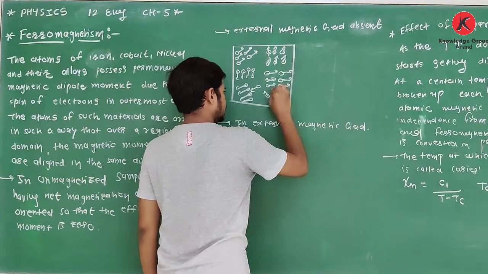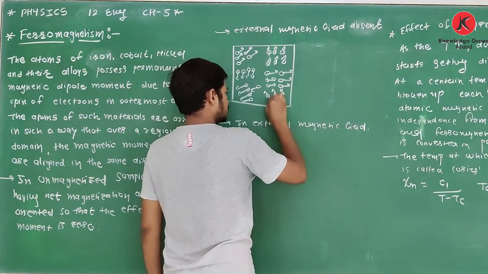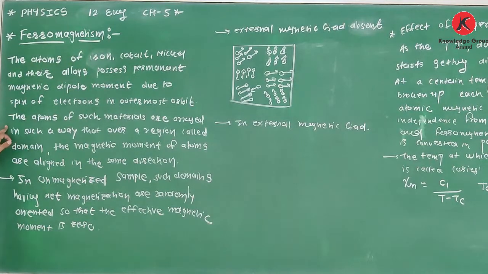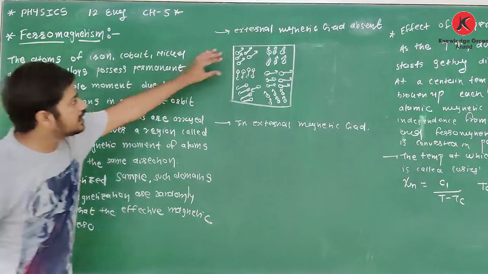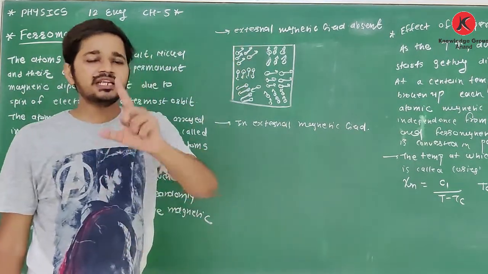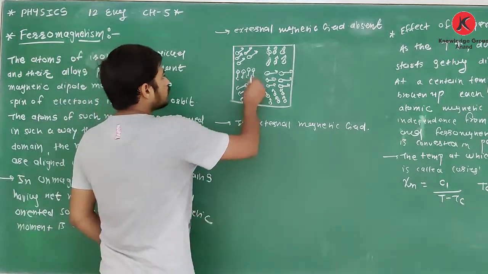What is the meaning of this statement? The atoms are arranged in such a way that over a region called a domain, the magnetic moment of each and every atom is in the same direction. So it is called one domain.